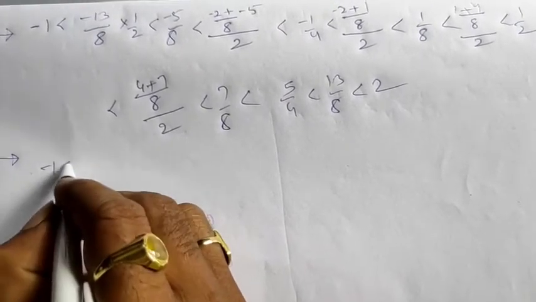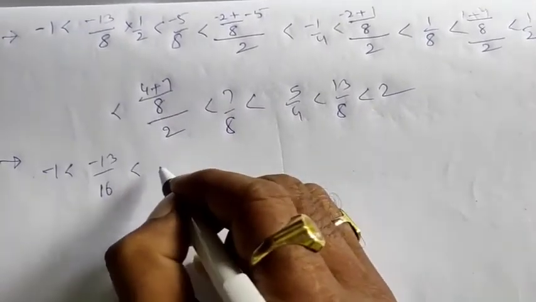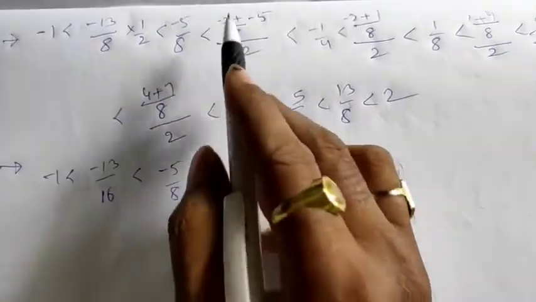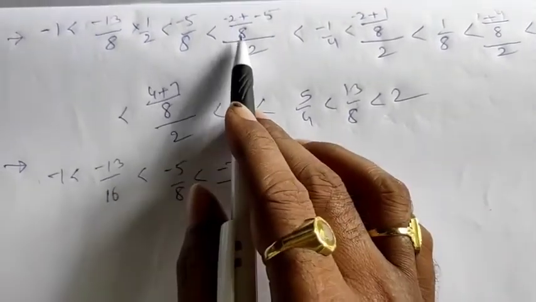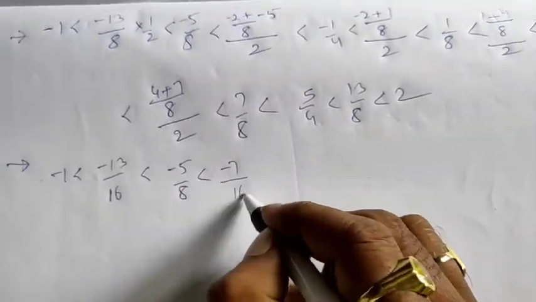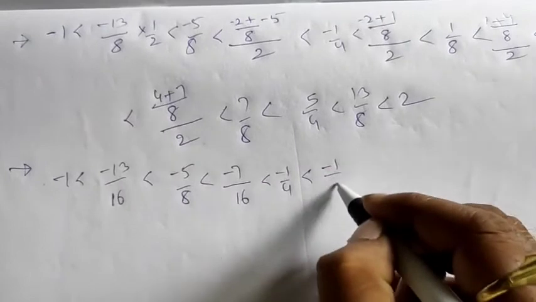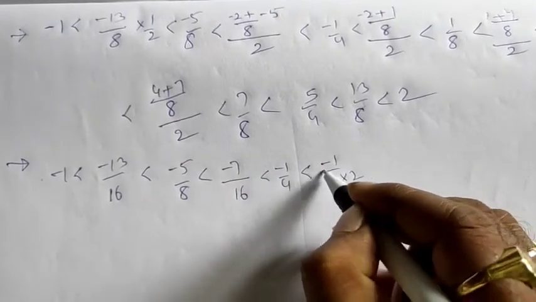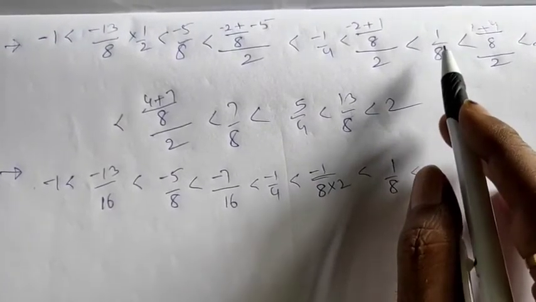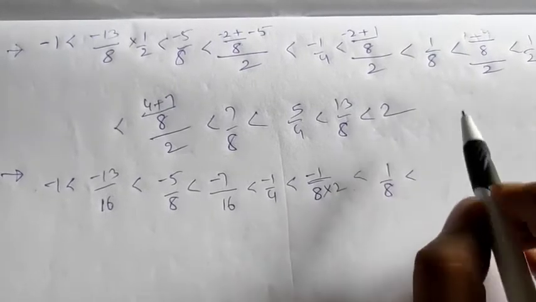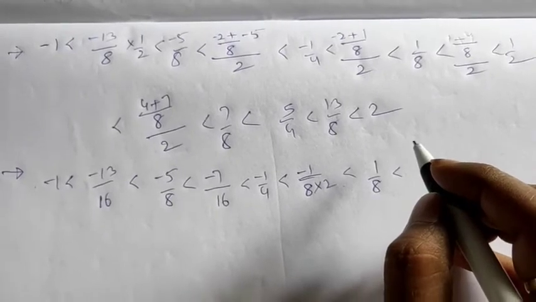See, minus 1 less than minus 13 by 8 to 16, less than minus 5 by 8, less than minus 2 plus minus 5. Both are having the same sign, so add and keep the same sign. By 8 into 2, that is 16, we get here, less than minus 1 by 4, less than minus 2 plus 1, minus 1 by 8 into 2, that is 16 again, is it, less than 1 by 8, less than, here how much is there, 1 plus 4.